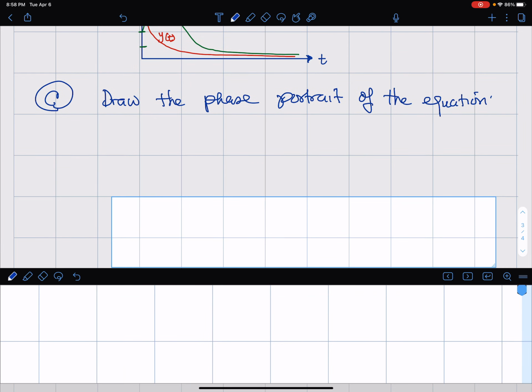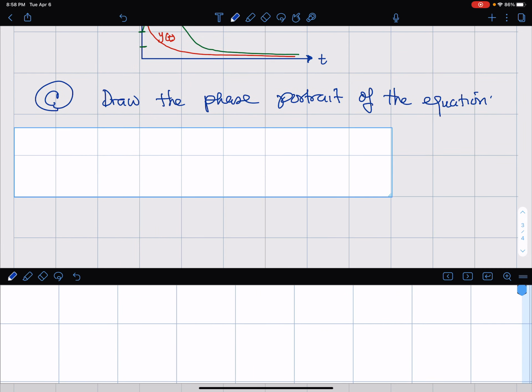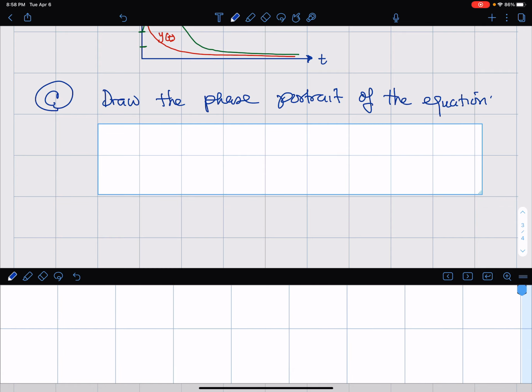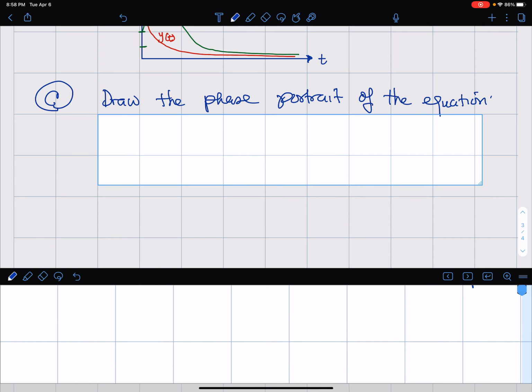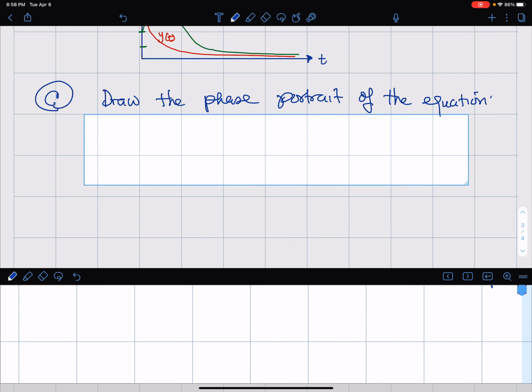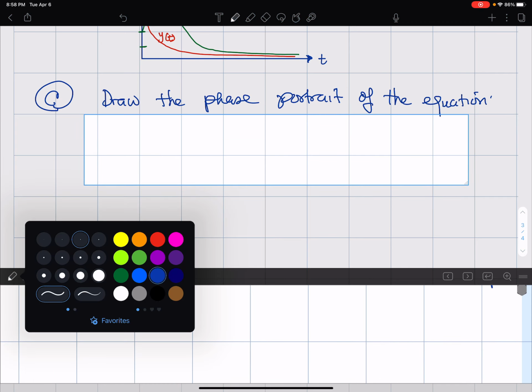Okay. We learned how to do direction fields, and we learned how to do phase portraits for a first order differential equation. Now, this is a system of two first order equations. The first thing we want to do is to draw our axes.